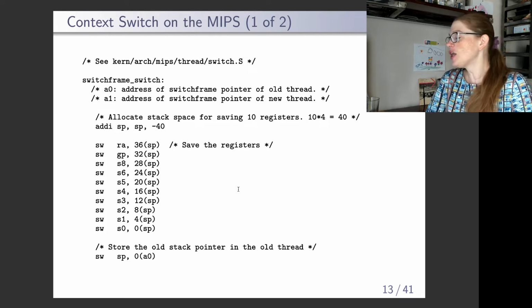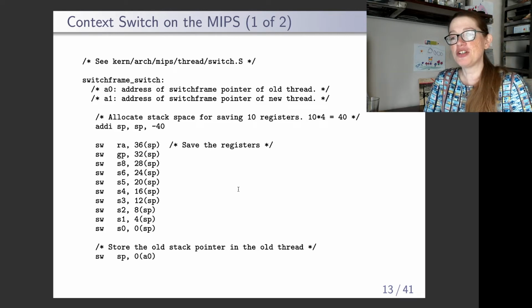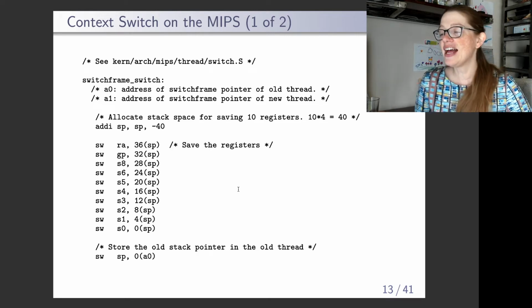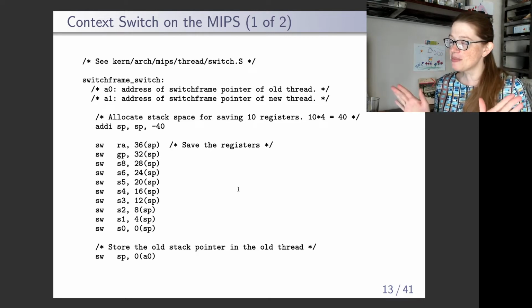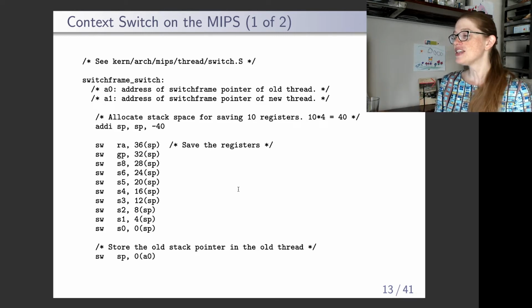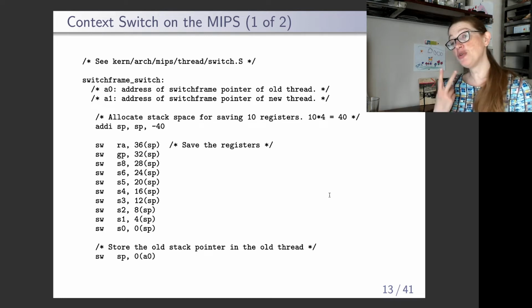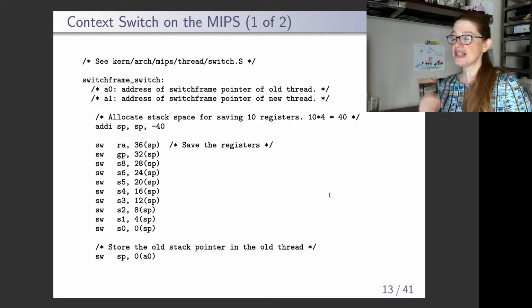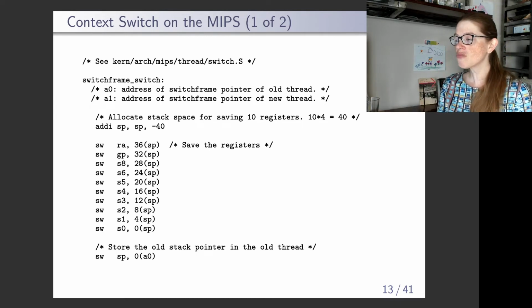So let's look at switch frame switch. This is the low-level context switch, which happens in MIPS. And again, you don't have to write any MIPS code in this course, but we like to from time to time show you things. So in switch frame switch, there's actually two parts. The first part is saving the callee save registers of the old thread.